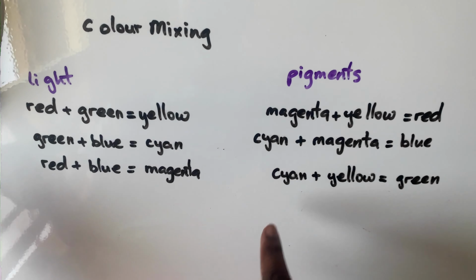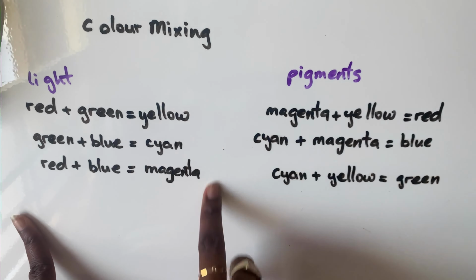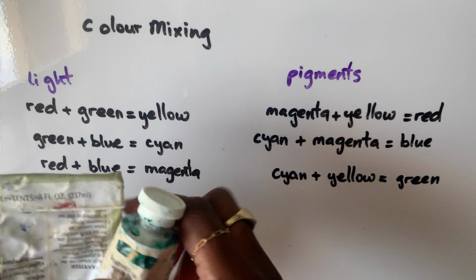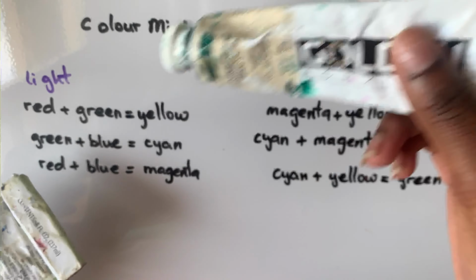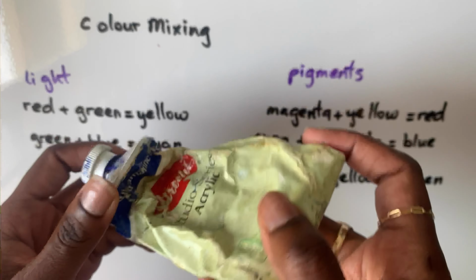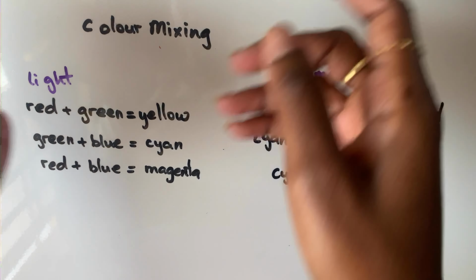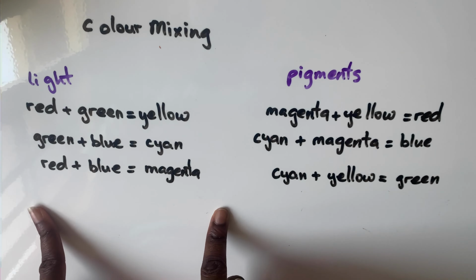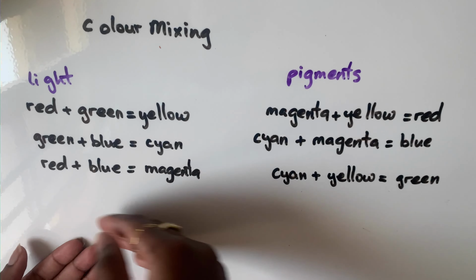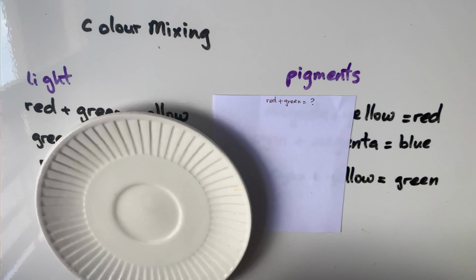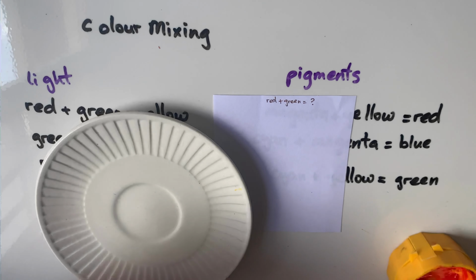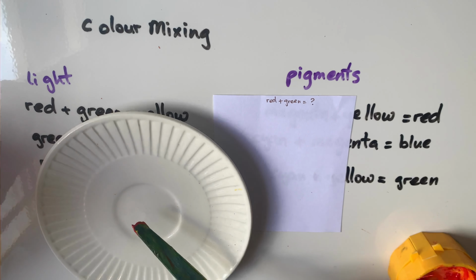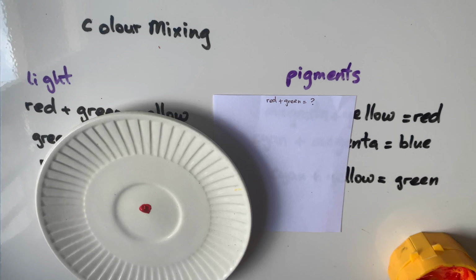So now I'm going to show you what I mean by you can't mix these colors based on this. Like, you can't mix them. So I'm going to use phthalo green, ultramarine blue, and cadmium red to try to simulate mixing these colors. So it takes a bit of red because I don't want to waste the paints.